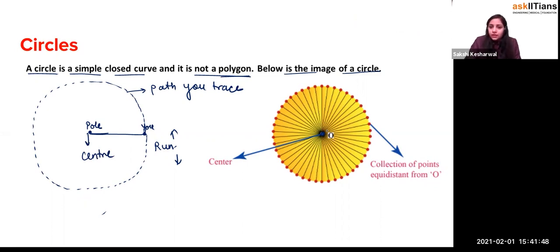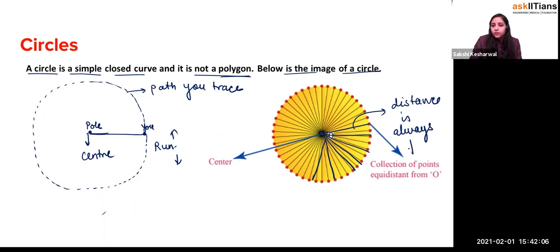You can see that the distance from the center to these points is always the same or not? Yes or no? So this distance is always fixed, right?